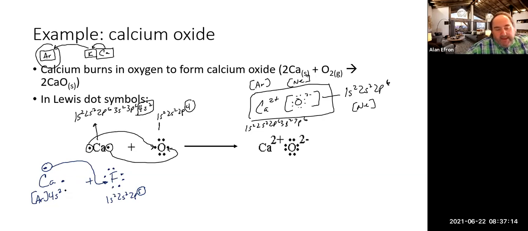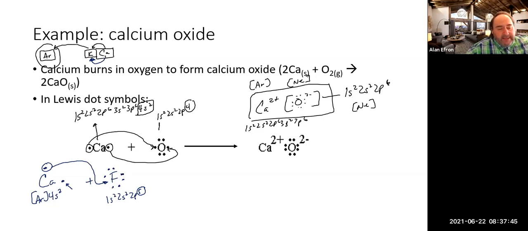And that's problematic for calcium because calcium has now only given away one electron, which now moves it to potassium's configuration. And potassium is really not a noble gas configuration. It's an alkali metal configuration. And it's not really what calcium wants to do. Calcium wants to give away 2 electrons so it could end up at argon. And it can't do it, obviously, in this case of fluorine, because this fluorine is full.